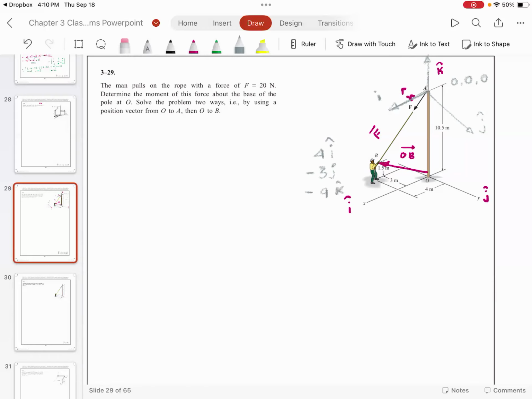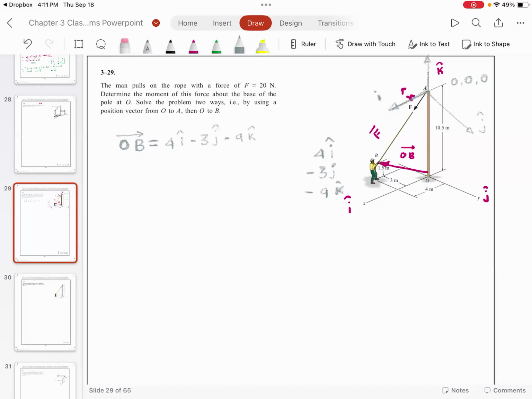So this simply tells me that my vector OB, starting from O going towards B, is given as 4i minus 3j minus 9k.